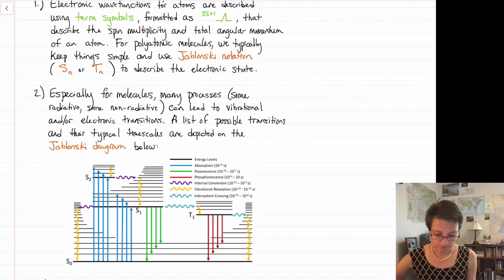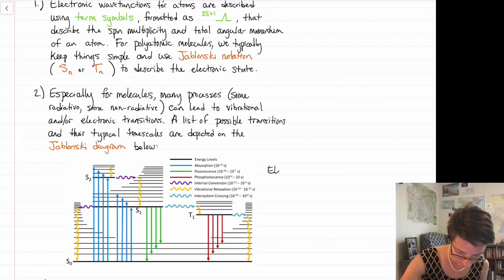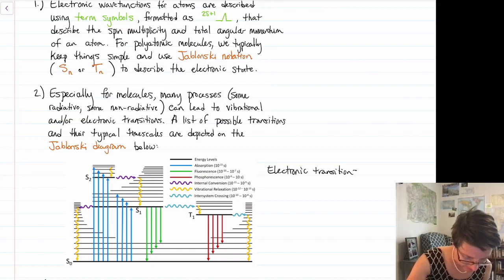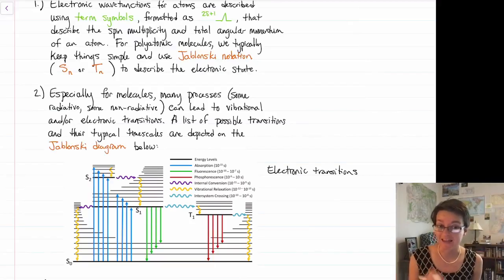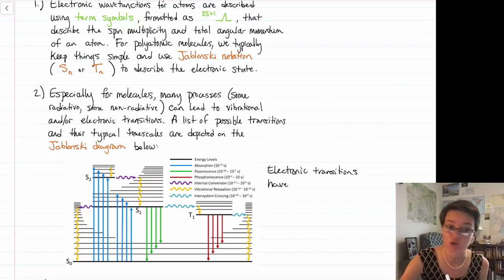And I think what's really important to note, and I should add this as a takeaway, is that for these transitions that are electronic transitions, while sometimes there are additional selection rules for atoms, the selection rule that's true for atoms and molecules is that our spin state should not change.